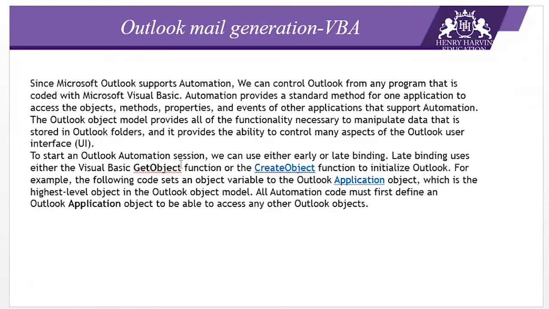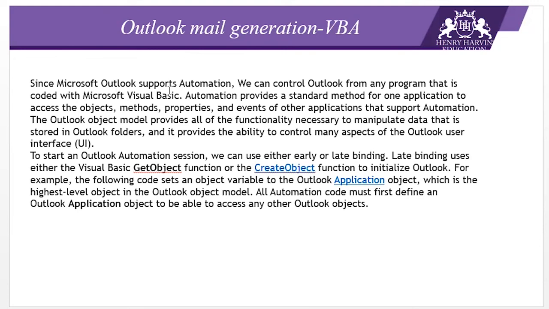Now let me tell you something. Outlook mail generation VBA. Read this. Since automation is happening with Microsoft Outlook, and you are doing automation in VBA, which is happening in Excel, it is very easy in Excel to connect with Outlook with the logic of early binding and late binding. Now read this.